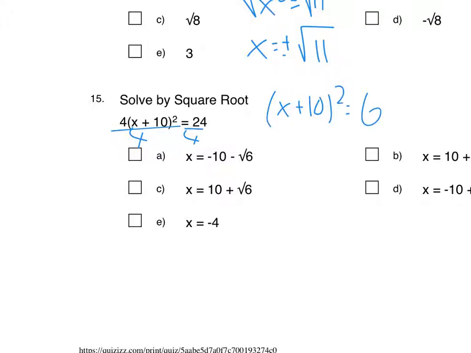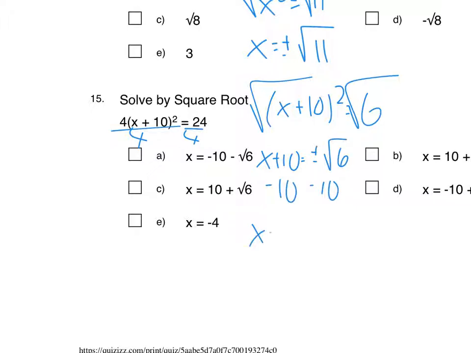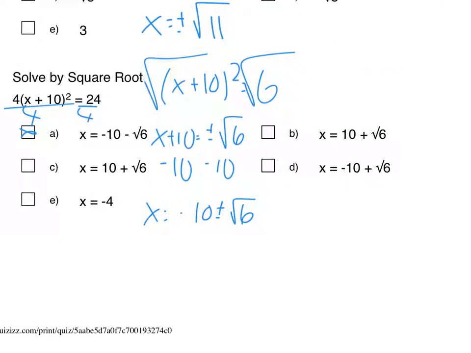Squared term is by itself, which means now we can take the square root, and we get x plus 10 equals plus or minus the square root of 6. Subtract 10, and x equals negative 10 plus or minus the square root of 6. So that gives me A and D.